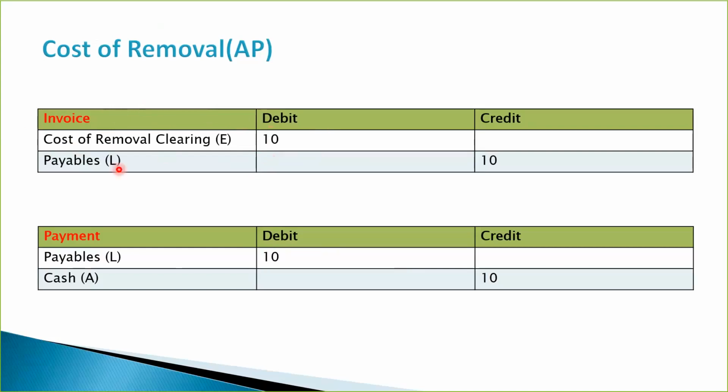The liability account, of course, defaults down from the supplier side. When you make the payment, you reduce your liabilities and you reduce your cash also, because you're making a payment. So you're taking out cash and giving it to the person who you paid to remove the asset. You're still left with this cost of removal clearing though.